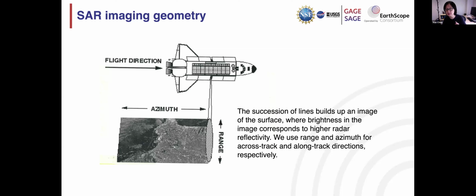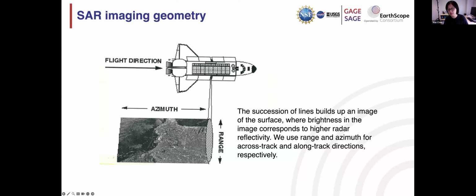There are two important directions that the radar defines. A SAR image is a 2D image, a 2D mapping. The first direction is along the flight direction, which is what we call the azimuth direction. The second direction is that when the radar periodically sends out pulses, it looks sideways, and so it illuminates the ground as illustrated here.